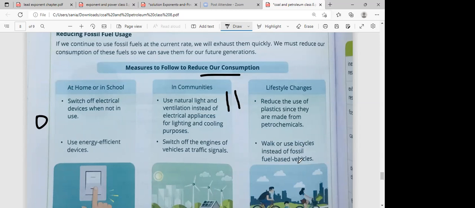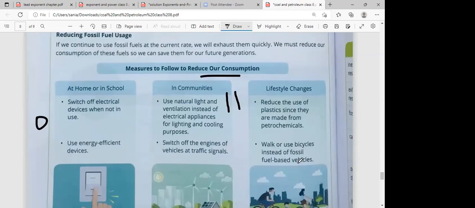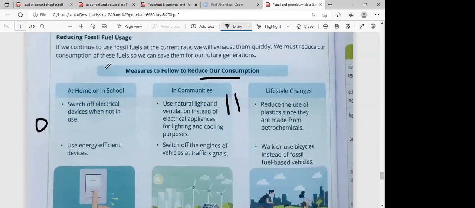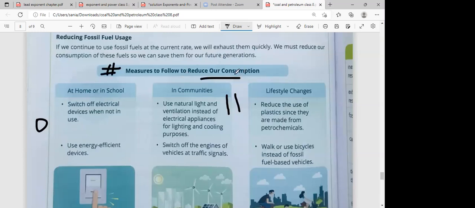Clear? Got the points here? Yes, ma'am. So you'll write hashtag measures to follow to reduce our consumption. Then you will write first. You can make it a dot, and at home just make a box, and first, second.